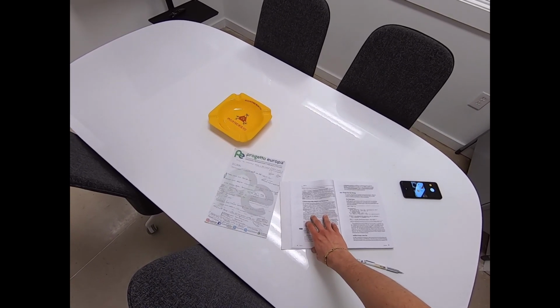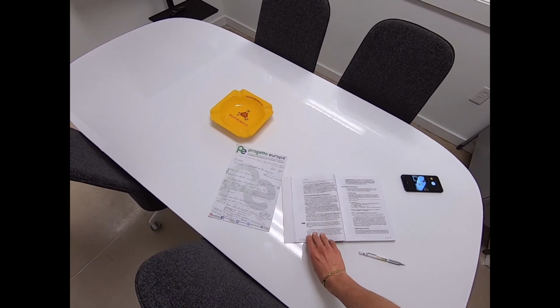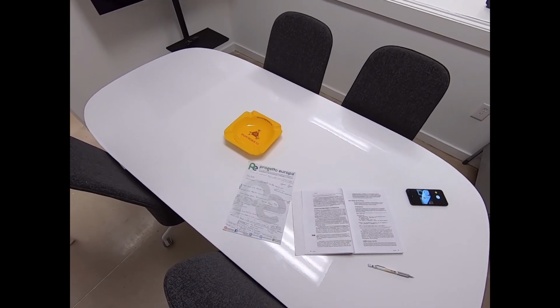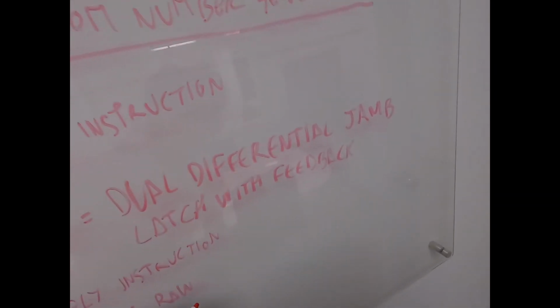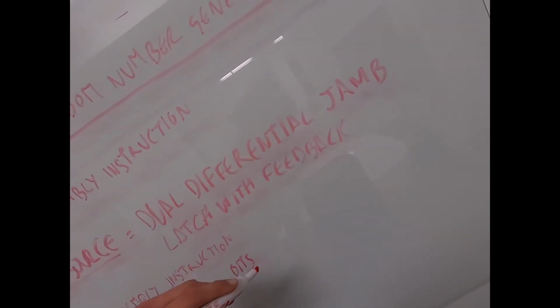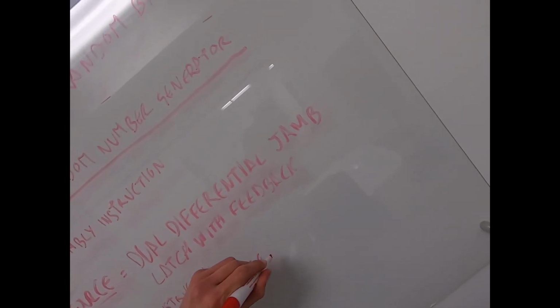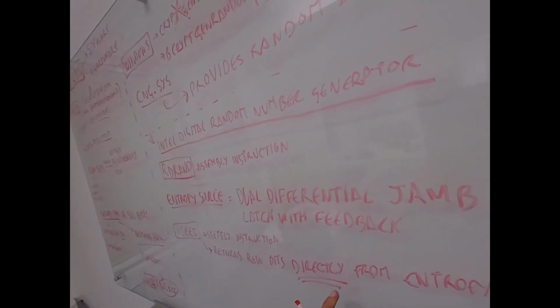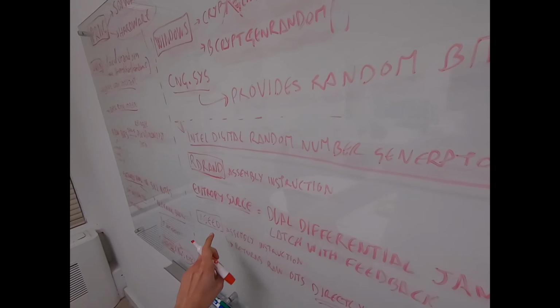The RDSEED assembly instruction returns random bits directly from the entropy source, okay.